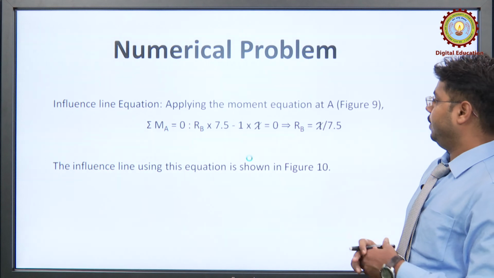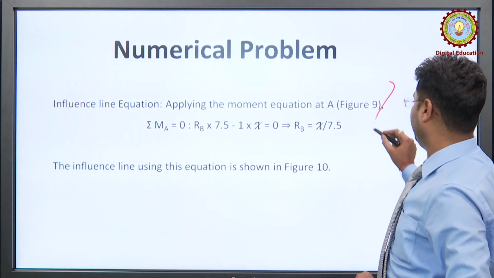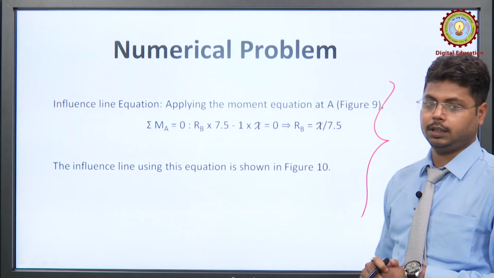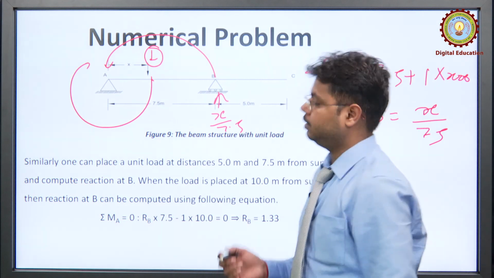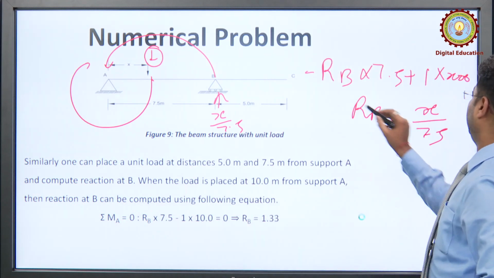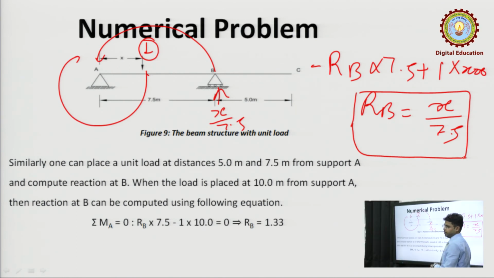Here is one more equation given. Actually this is the same equation we have just calculated in the previous slides. RB is equal to x upon 7.5.